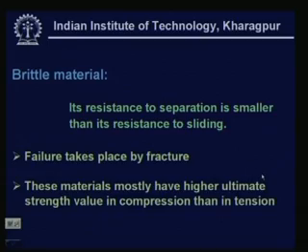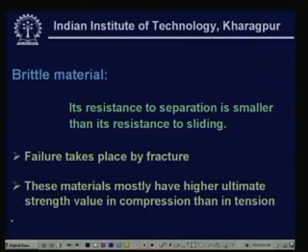That means there is no sliding, unlike what we have seen earlier for the ductile material, where two layers of material can have a relative sliding at around 45 degrees. Here it will have a sharp fracture separation, and this is considered a brittle material.